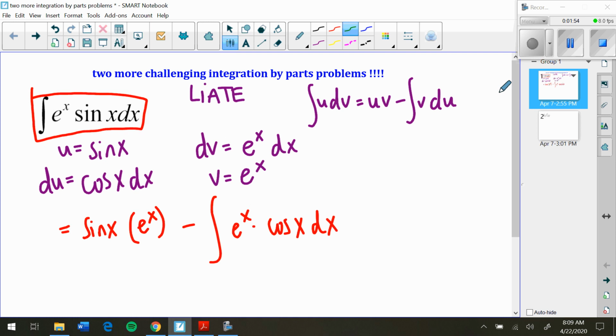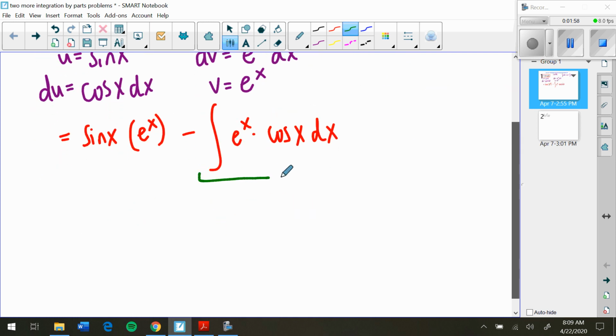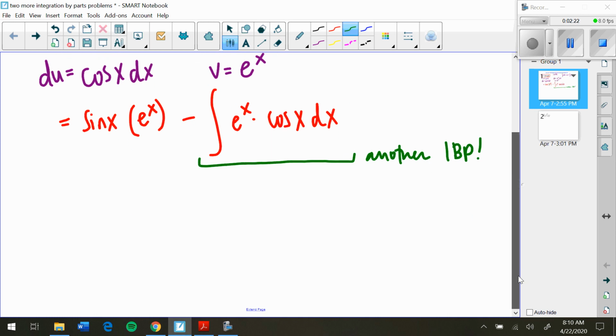And I look at this and I say to myself, okay, normally this thing right here should be easier and we should take an antiderivative really quickly. But I'm looking at this and I'm thinking, wait, this is not really that much easier. And so, unfortunately, we need to do another integration by parts.